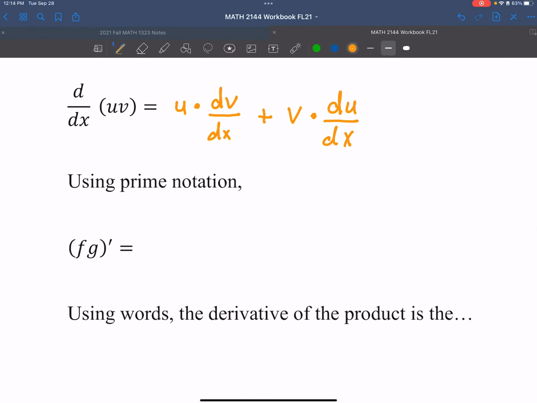In prime notation, this would just be f times g prime plus g times f prime.